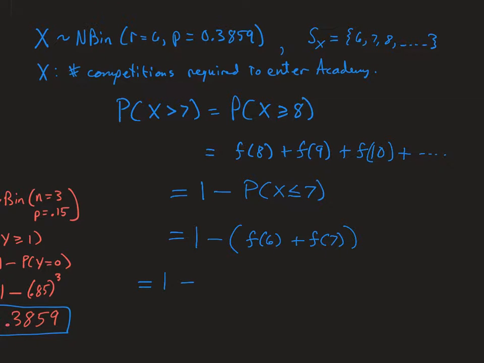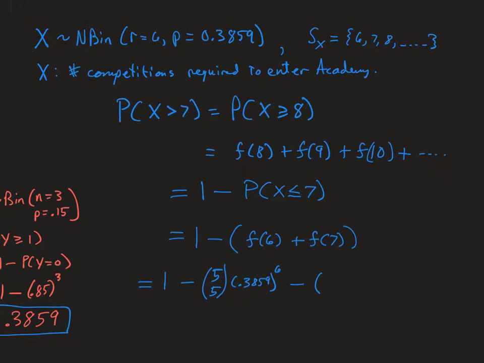Now using the negative binomial PMF, we would have 1 minus, our x value in this case is 6, so x minus 1 would be 5. r minus 1 is also 5, so you have 5 choose 5. Our probability of success is 0.3859 to the 6th power. And then q, the probability of failure, would be to the 0, so I'm not going to add that in.